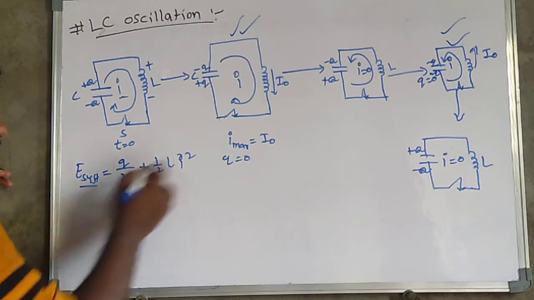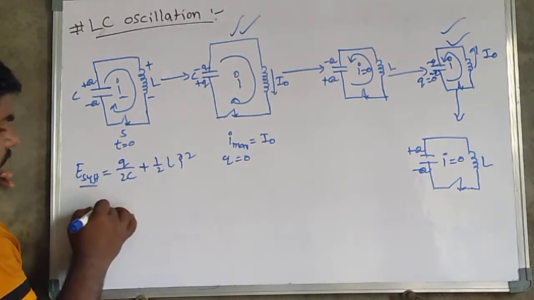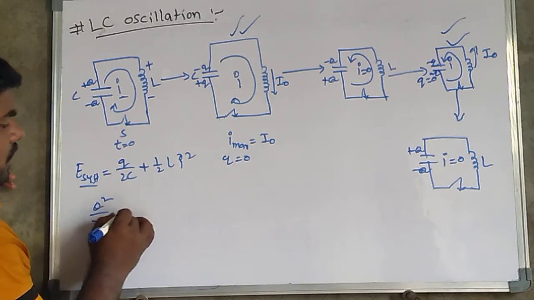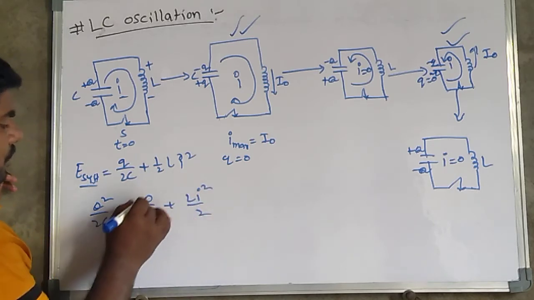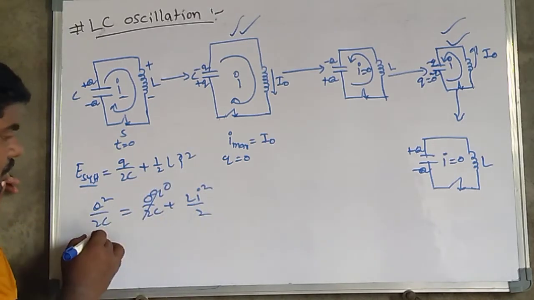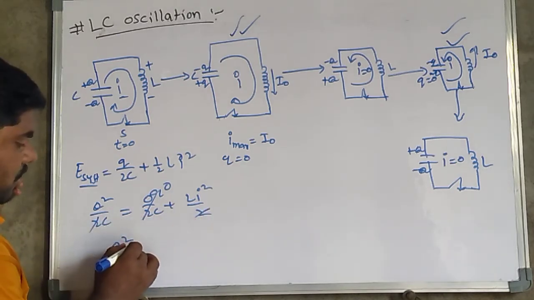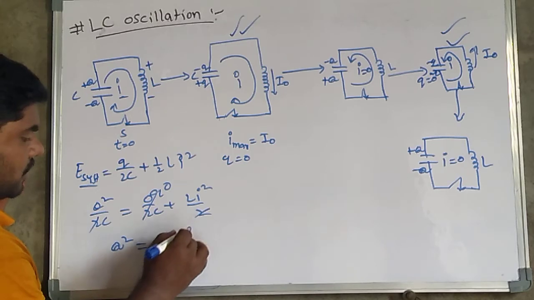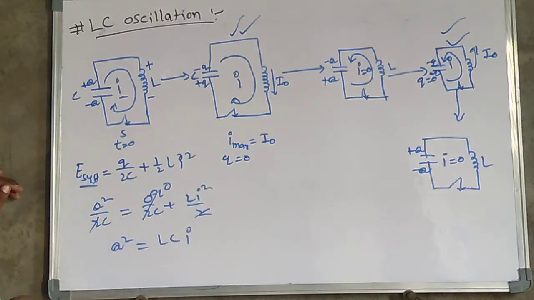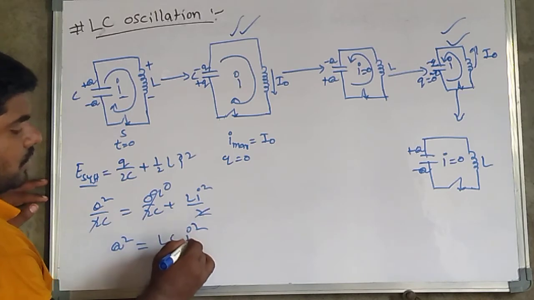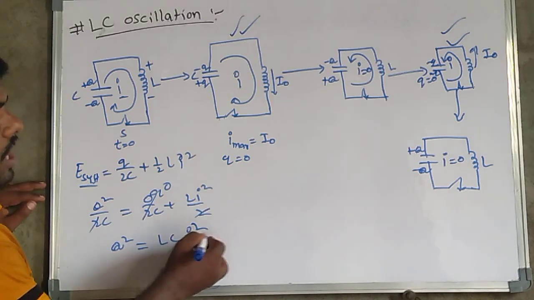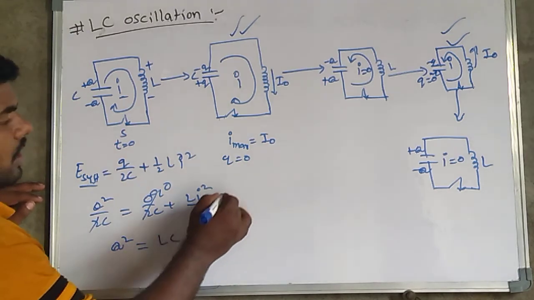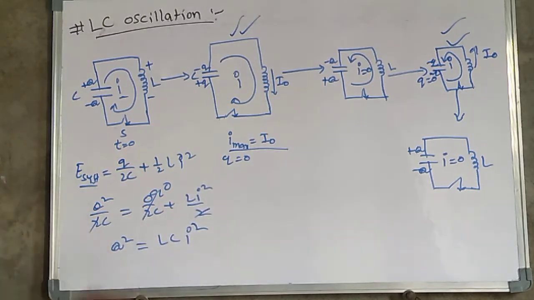In these two situations, the energy of the system is q squared by 2C, which is 0 by 2C, plus L I squared divided by 2, so the zero terms cancel. Here q squared is equal to L C I squared. This is the maximum or minimum case, whatever the case, where I is equal to I naught.